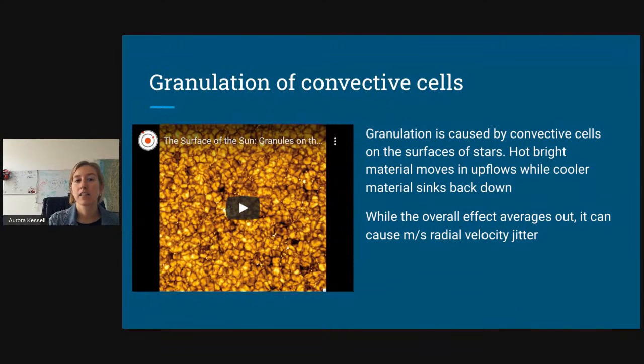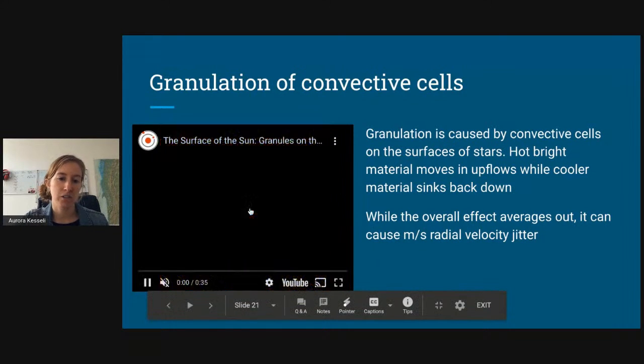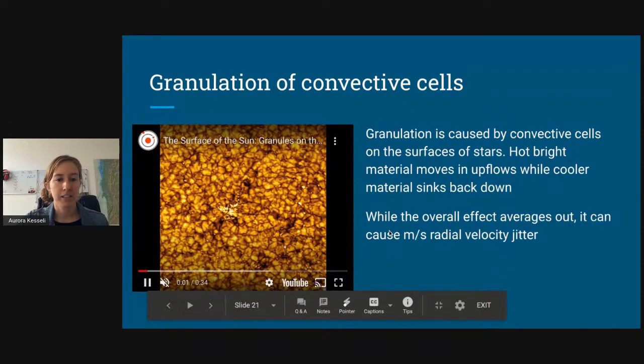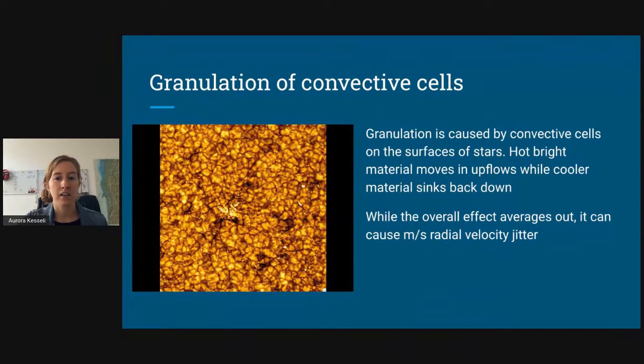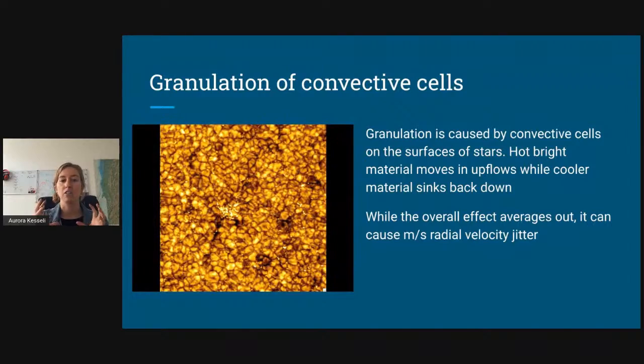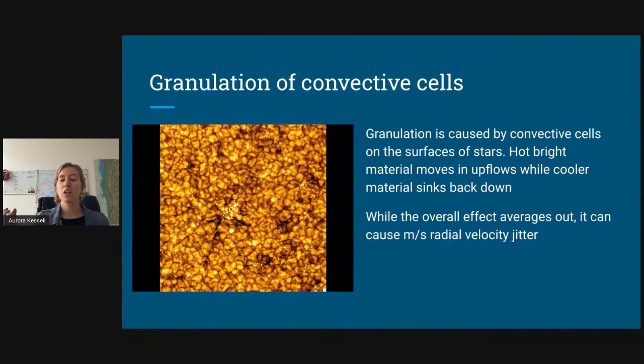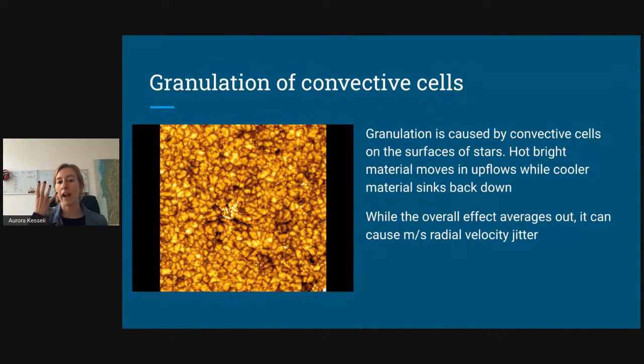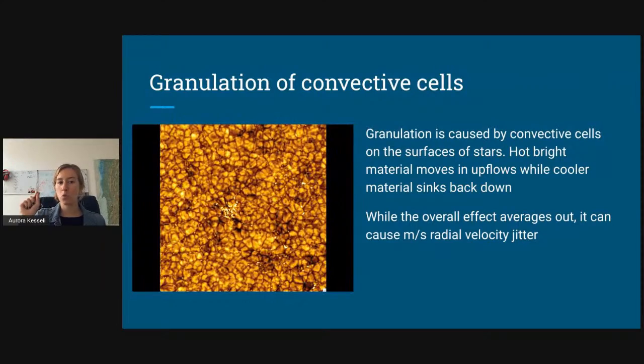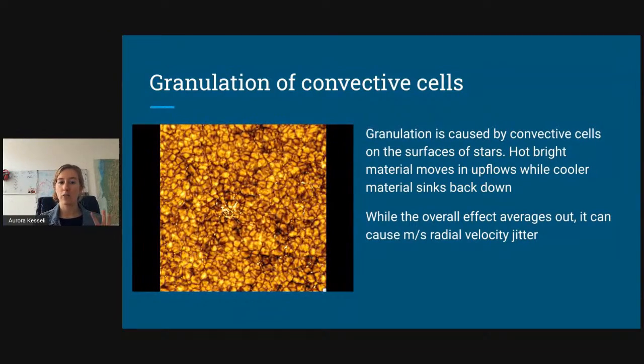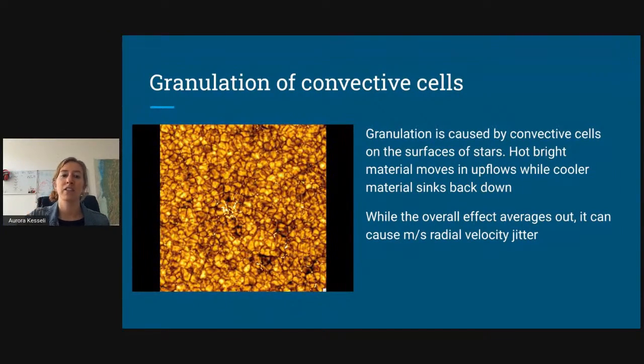Okay. And so next, granulation is more for sun-like stars, because the sun-like stars have convective exteriors. This is the surface of the sun. Here's a video that's showing the convective cells on the surface of the sun, where you have hot material rising up and cool material sinking in. And you get this all kind of changing on the surface of the sun.